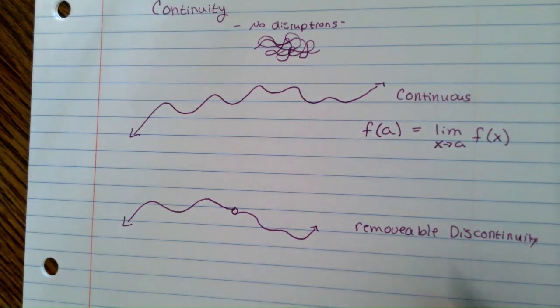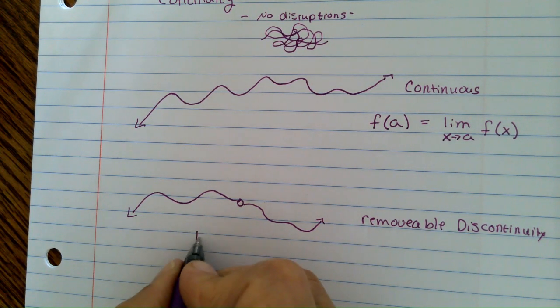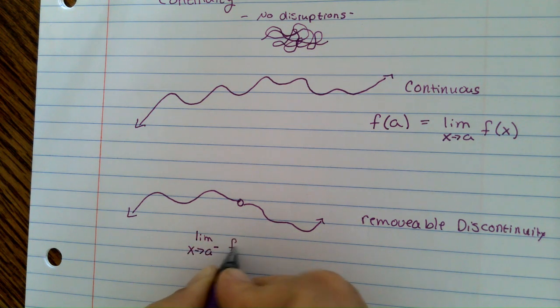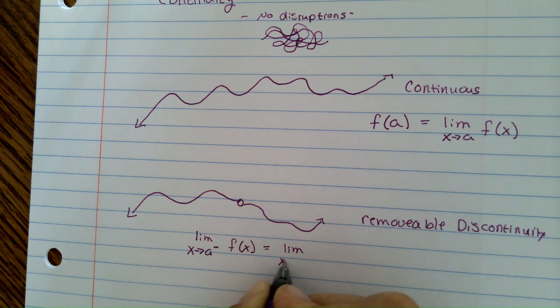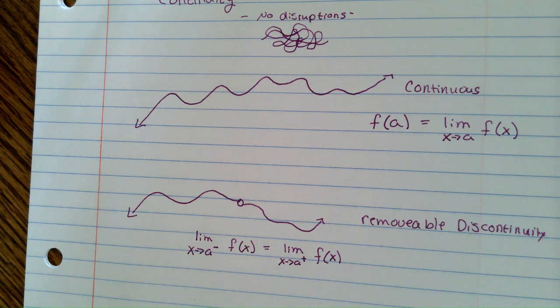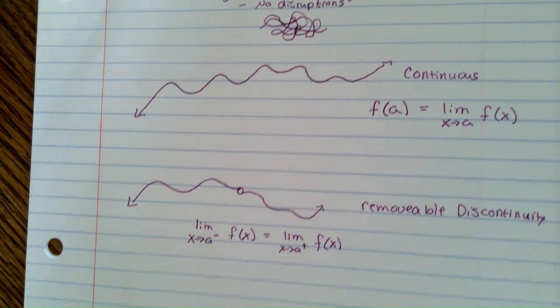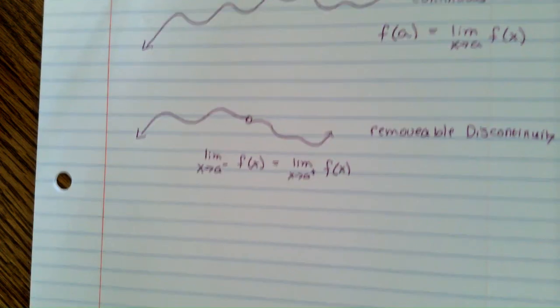And the reason it's a removable discontinuity is, let's say this is point A. So the limit as x approaches A from the left for our function will equal the limit as x approaches A from the right of our function. In other words, our fingers come together. So it is discontinuous, but it's a fixable or removable discontinuity. We would know where to fill the hole in.